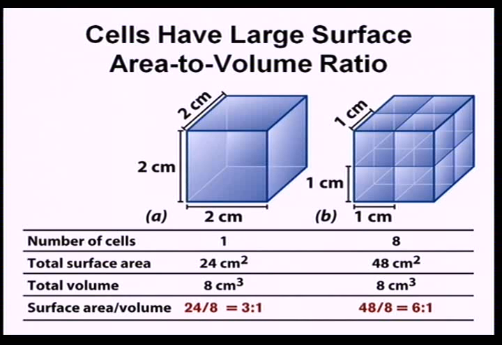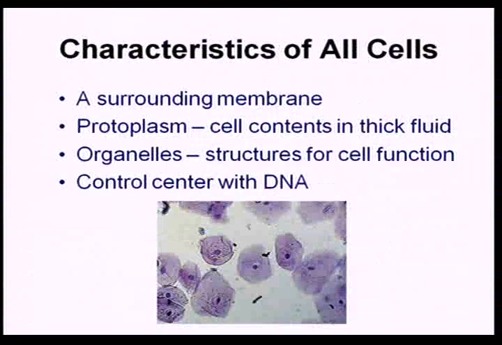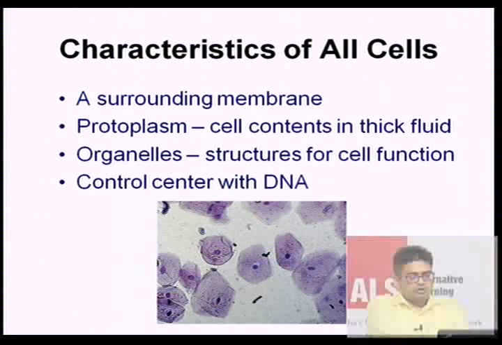The smaller cells have a larger surface area to volume ratio. Larger cells have a larger total surface area, but compared to the volume it is much less. 3:1, 6:1. Smaller cells are more efficient. This is what everybody knows.